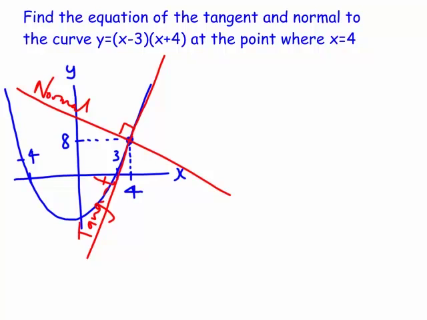So first thing is, we'll just rewrite y. y is equal to, you can see, expand this out, x squared, then minus 3x plus 4x, so it's just plus x, and minus 3 times 4 is minus 12. So the derivative, dy/dx, I just write it as y dash, is just 2x plus 1. That's the derivative of that particular curve, or the gradient function for the curve.